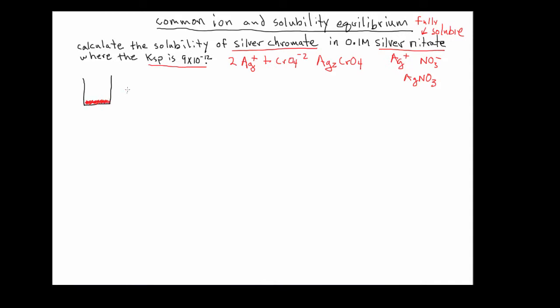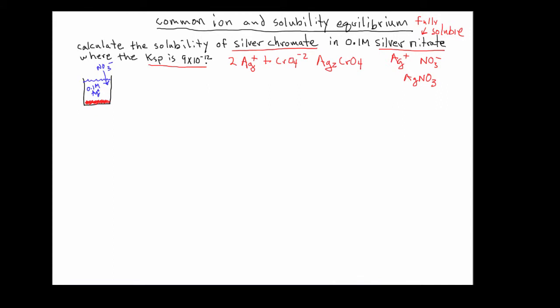Then we're going to layer above that the silver nitrate solution. I'll show this blue for the liquid water, and then we're layering in silver nitrate. So this is actually 0.1 molar silver ion, and you can put the nitrate in here if you want, but it has no bearing on the equilibrium position of this reaction because it's not included in the equilibrium.